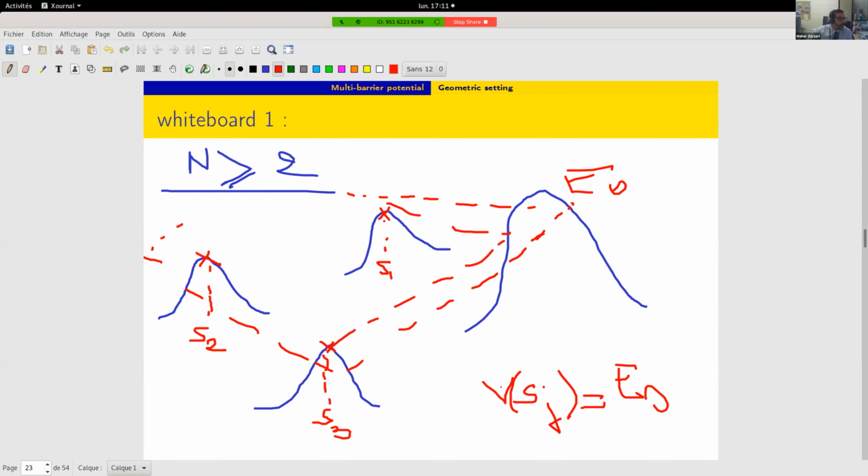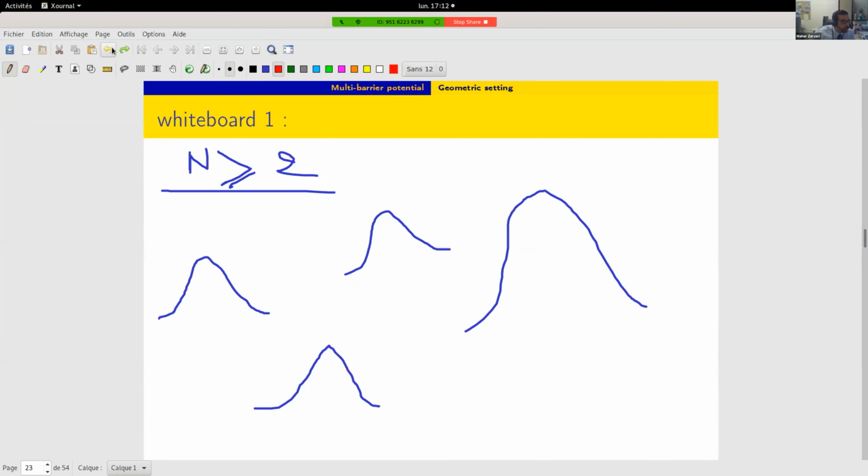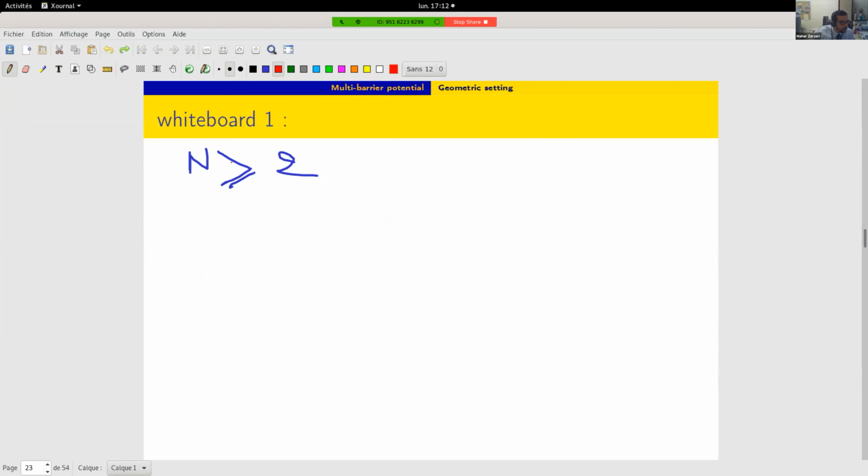So what is it exactly in the cotangent bundle? Maybe I write what happens exactly here, with x and xi.